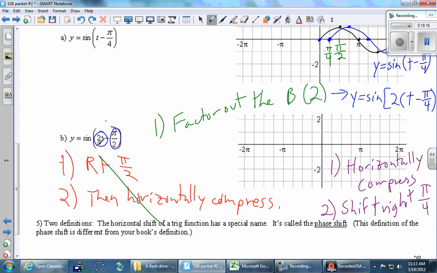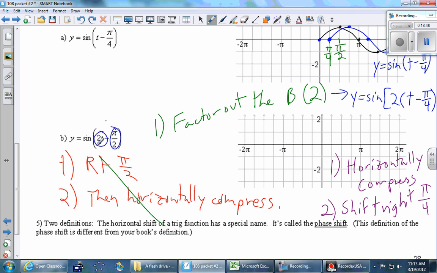Okay, so let's put it all together. Actually, once we figured out what to do, it's not hard to do it. Okay, we are horizontally compressing. We're smushing by a factor of 2, which means everybody gets twice as close to the y-axis, or half as far away. So then let's go back to the black curve at the top here. It used to be the top was at pi over 2. Where is the new top when you smush it? It used to be at pi over 2.